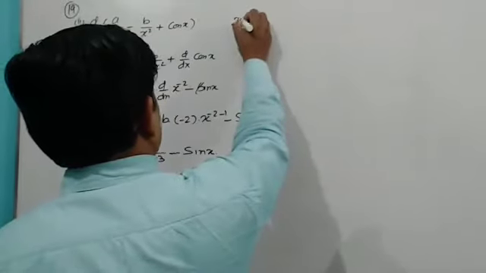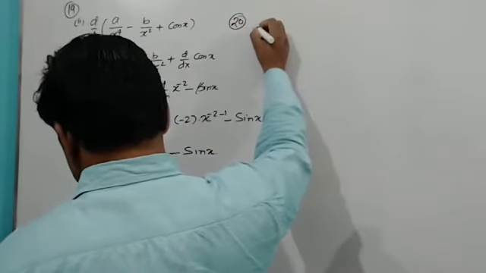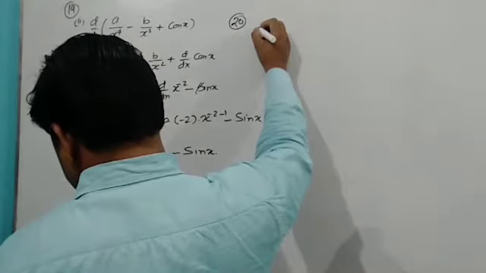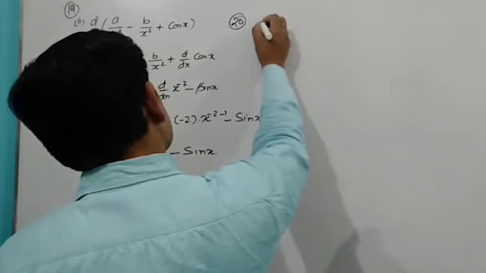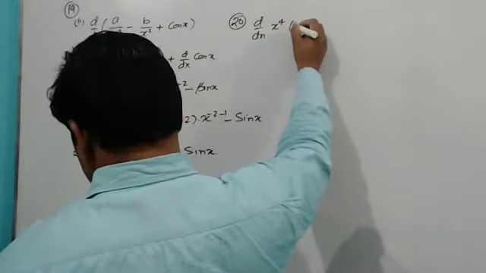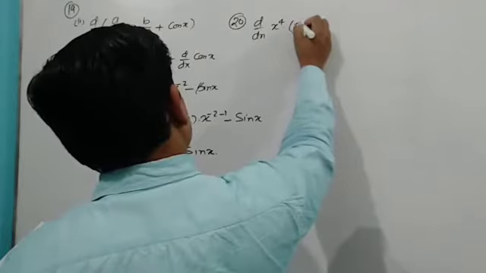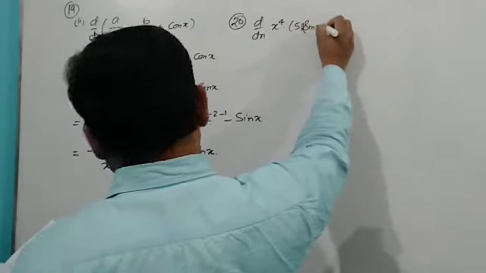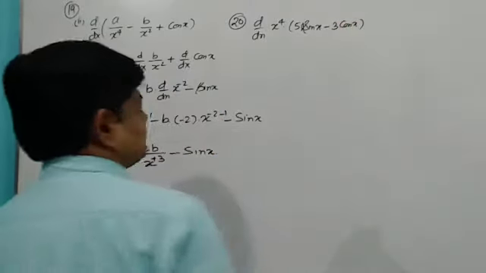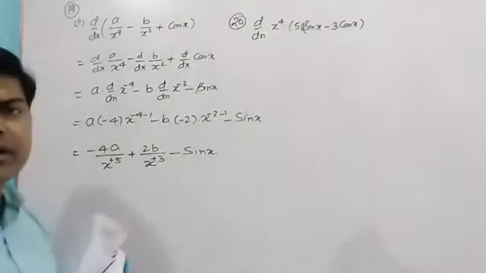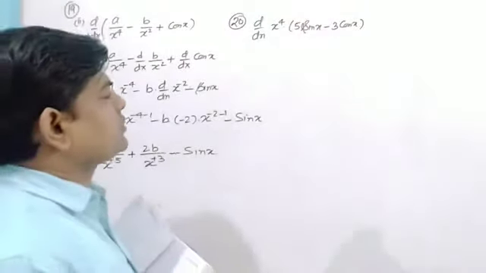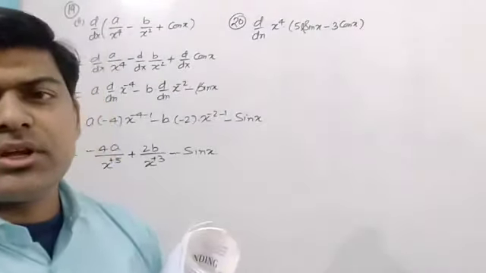You can see question number 20 is there. I'm having d dx of x to the power 4, inside bracket it is 5 sin x minus 3 cos x. So here the bracket will be used as the first function, and x to the power 4 will be used as another function.